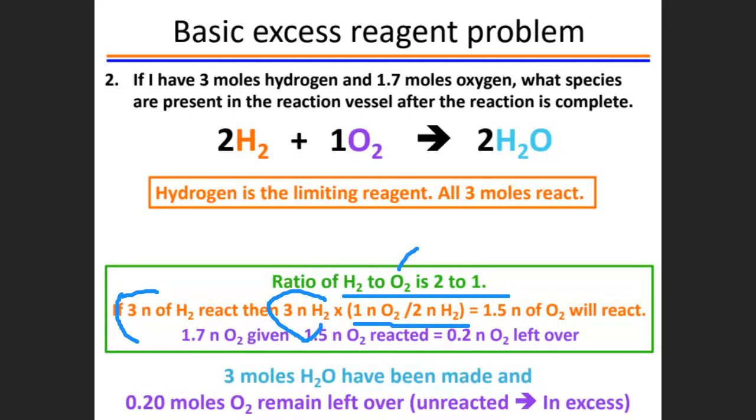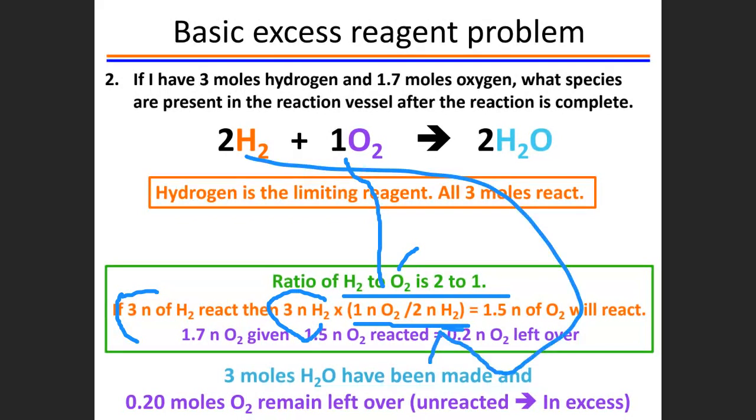So the conversion factor here: 1 mole of oxygen goes on top, and the 2 mole of hydrogen comes down. And we multiply with 3 mole of hydrogen, which is the value we have. Similarly, we cancel, and 3 divided by 2, 1.5 mole oxygen will react.